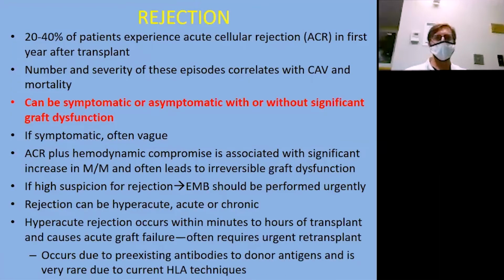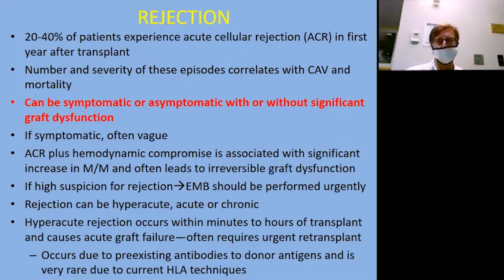In terms of rejection, about 20 to 40% of patients will have rejection in the first year after transplant. The more episodes and the higher severity does correlate with mortality and CAV. It can be asymptomatic, it can be symptomatic, it can have graft dysfunction or not. Symptoms can often be vague, so you have to have a very low index of suspicion. We've had patients just say they feel a little fatigued or something's not right, or maybe just have a mild fever.